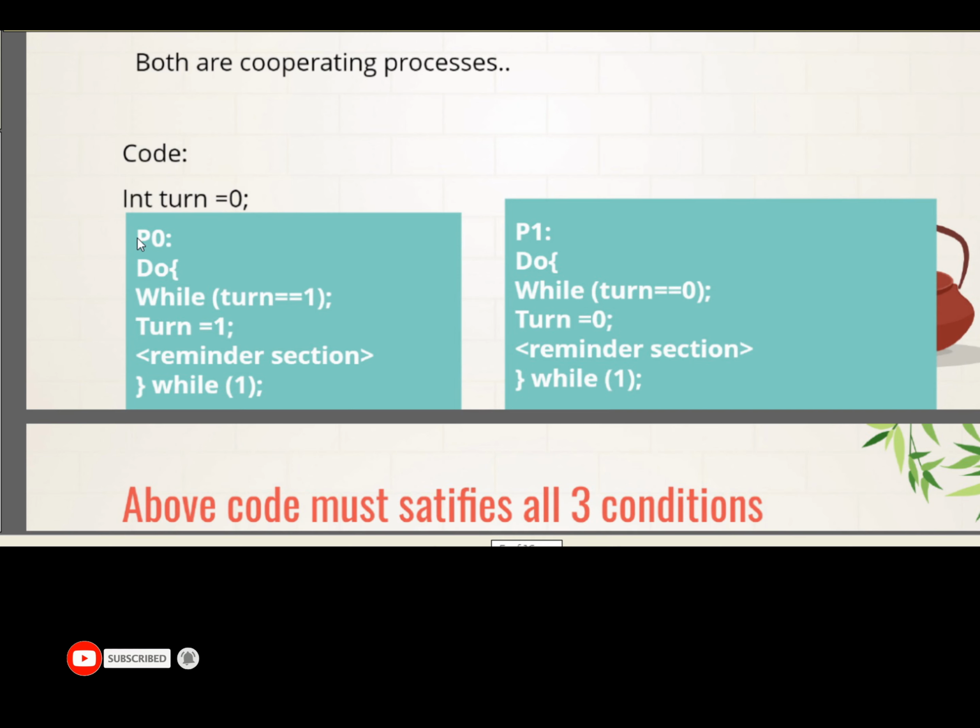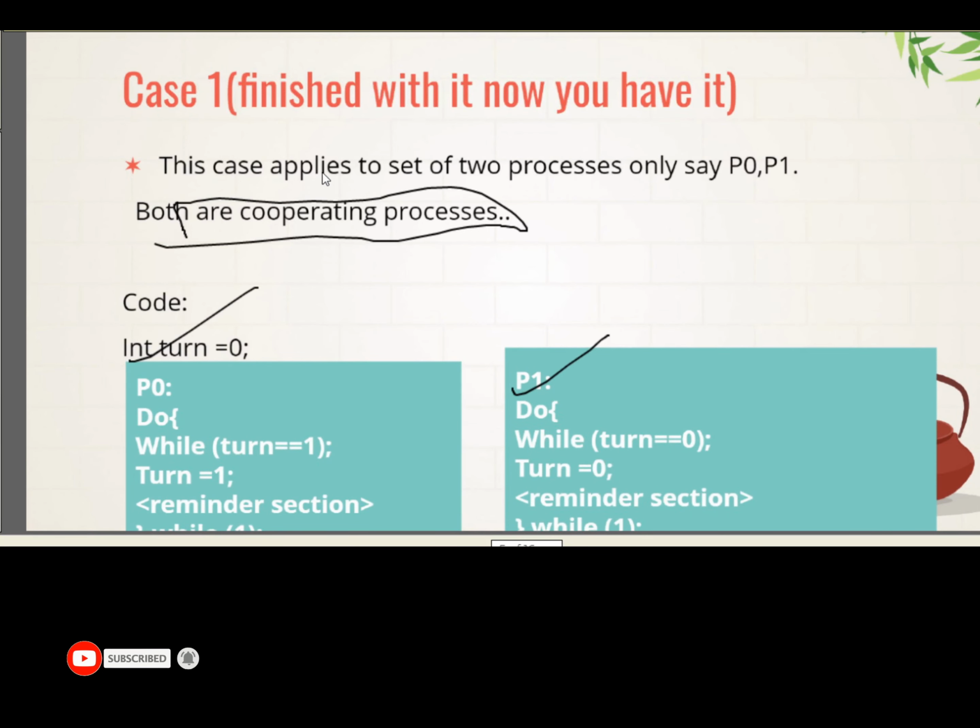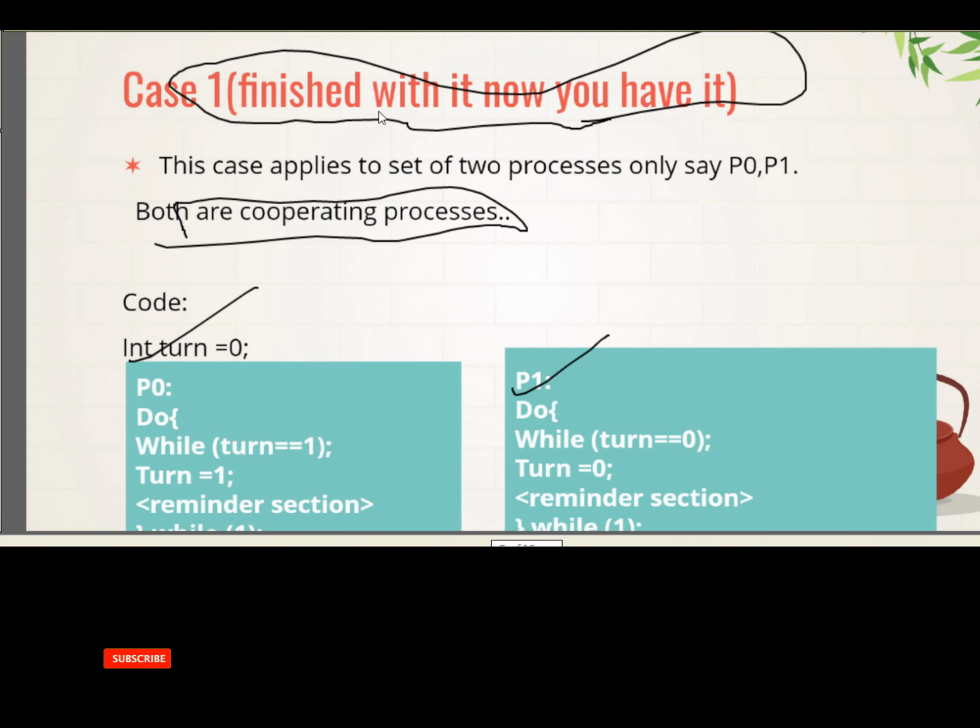Here are the two cooperative processes P0 and P1. By using case 1, suppose P1 wants to access the resource, but it has not completed its work and executes itself in the remainder section. So P1 does not enter its critical section. How?